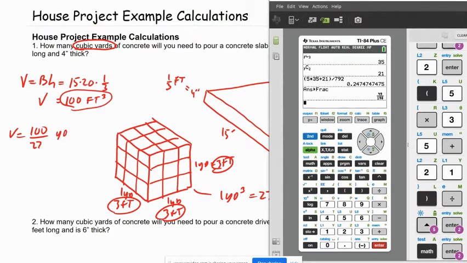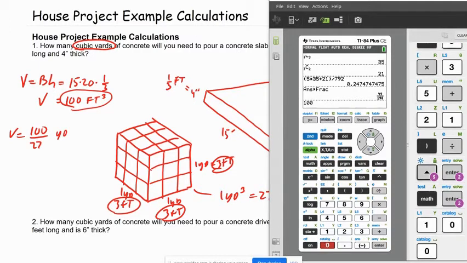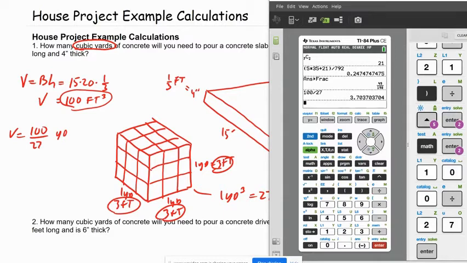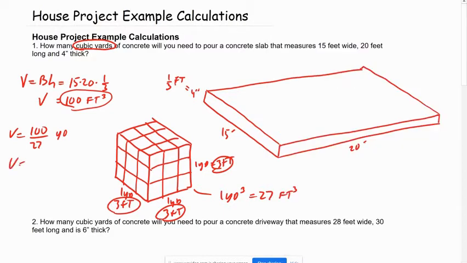And so on your calculator, 100 divided by 27, we need 3.7 yards approximately. And so if we order 4 cubic yards, then we'll have a little bit extra.